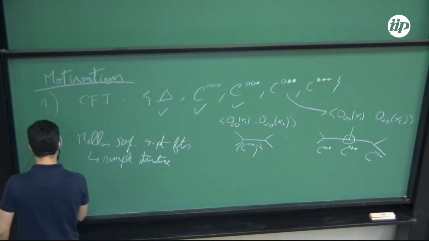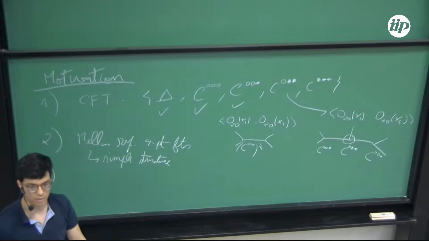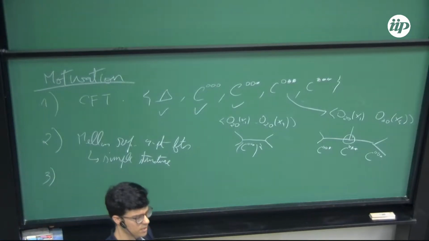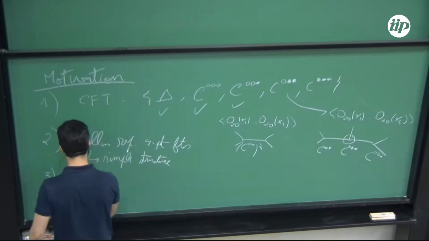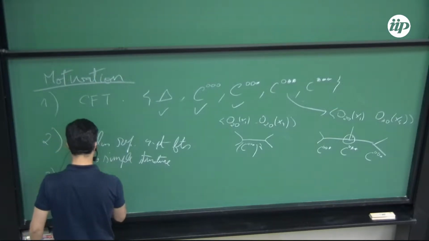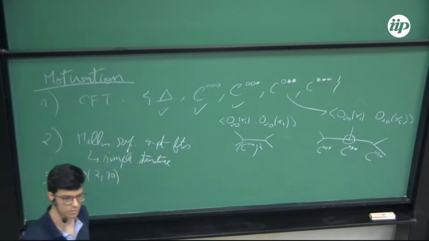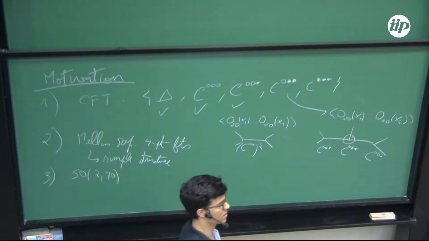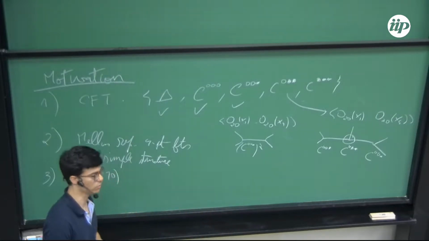And finally, there was also this nice paper of Simon with his student last year or something like that, where they noticed this very interesting SO(2,10) symmetry, where it looked like there was a conformal 10D symmetry in these AdS5 x S5 correlators.